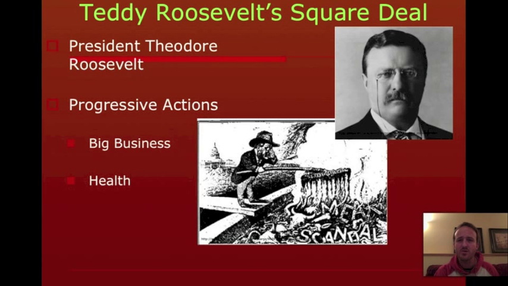And true to form, Teddy Roosevelt says he'll do something about it and does. And in 1906 he passes the Meat Inspection Act, which requires certain cleanliness expectations in the meatpacking industry.